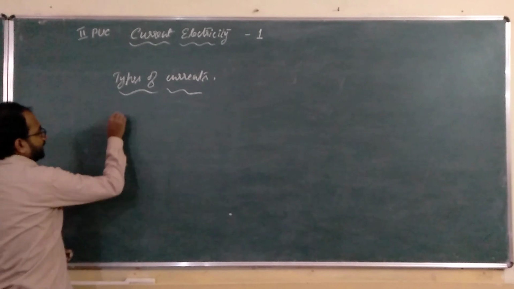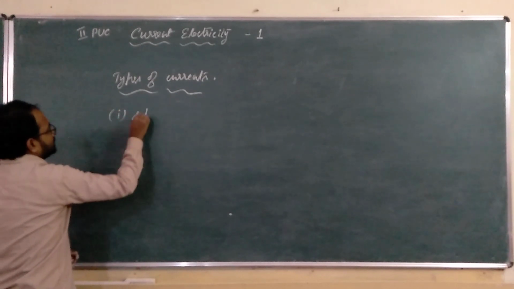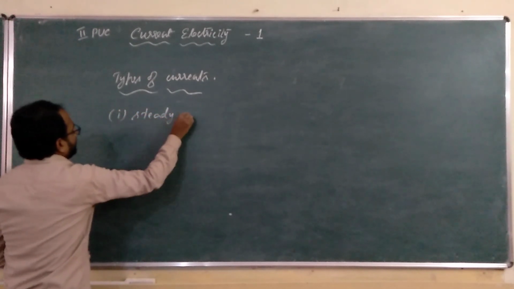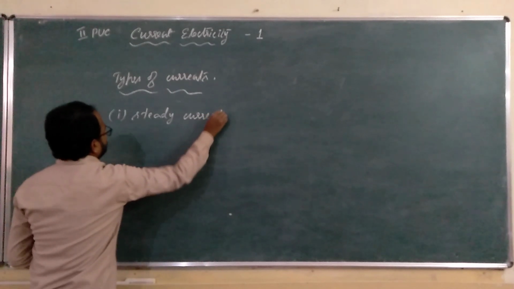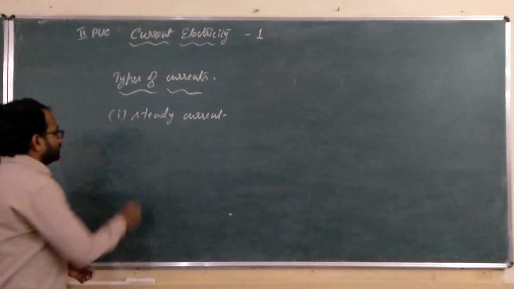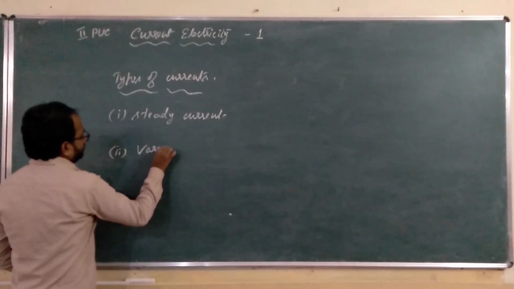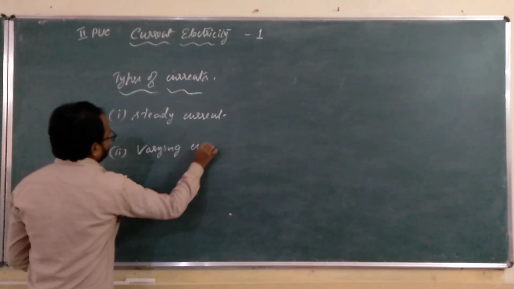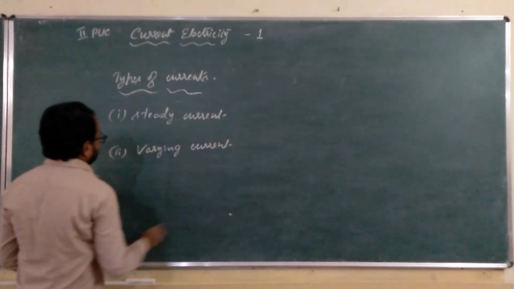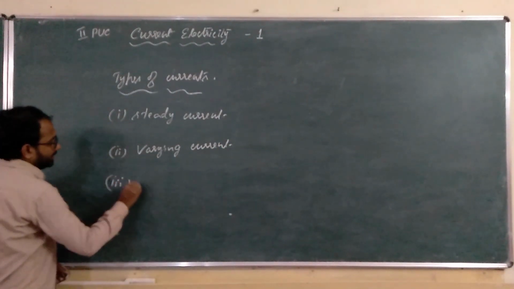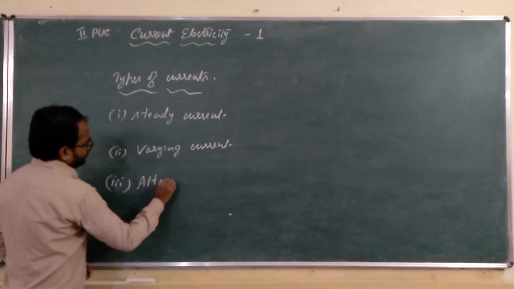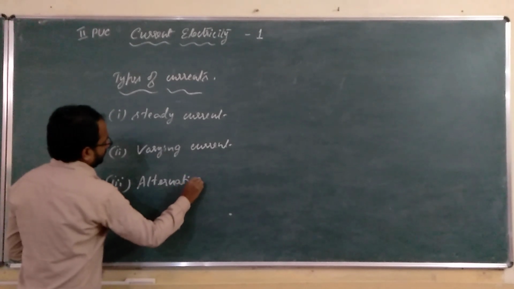The first one is steady current, the second one is varying current, and the third one is alternating current.